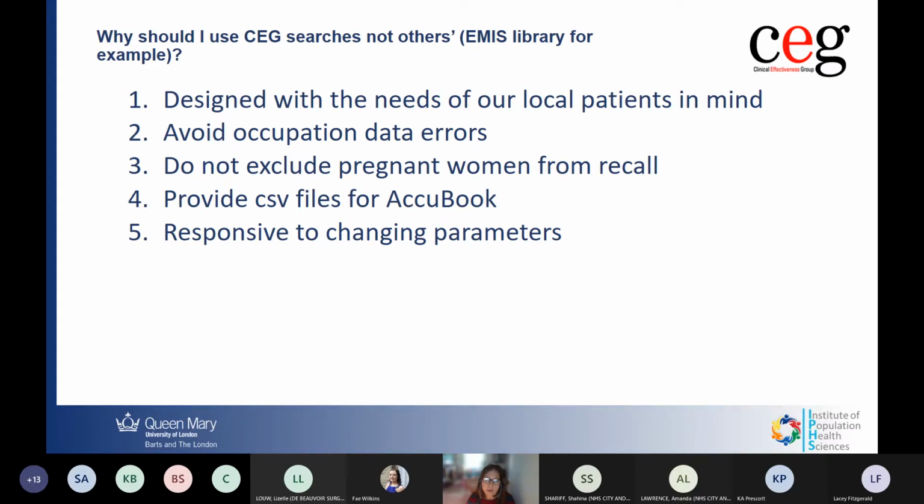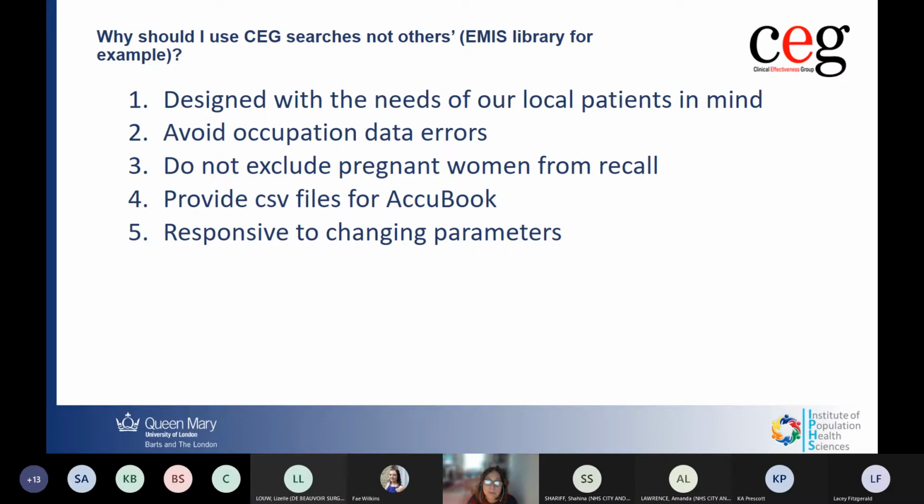As I said, we haven't excluded pregnant women from the cohort record, so you can be assured they are in the main cohort, but we've just done the two different pathways, one not on AccuBook and the other pathway which I showed you. We're producing the CSV files for your AccuBook.